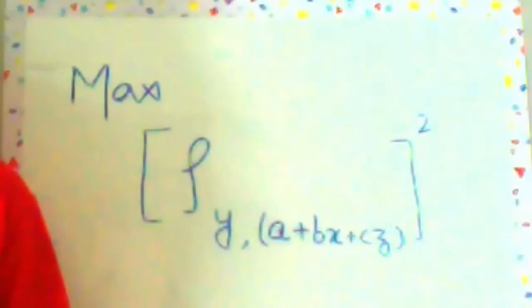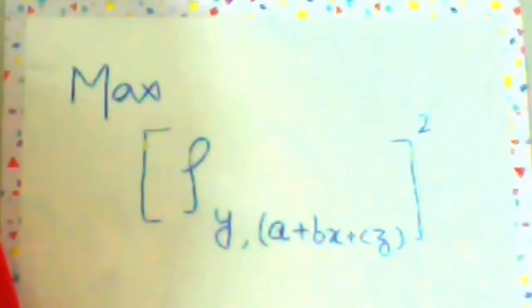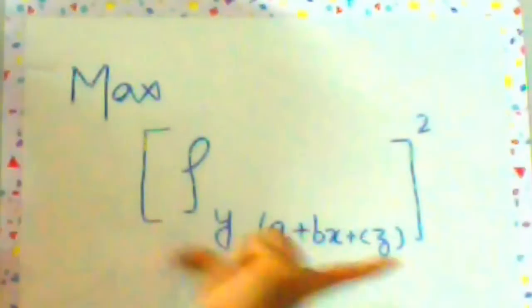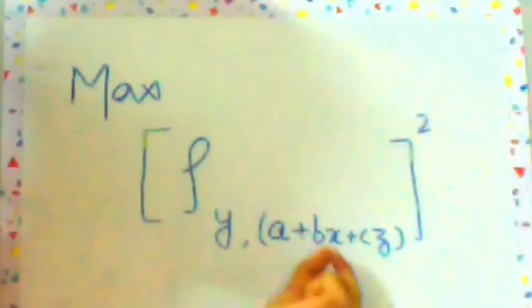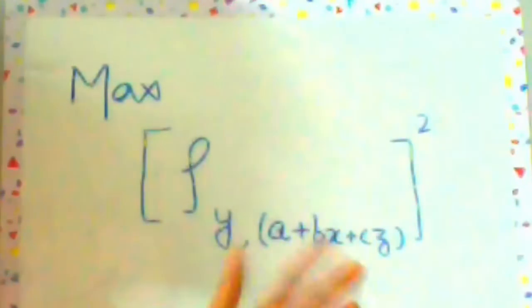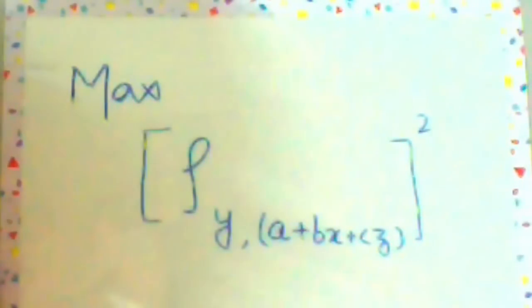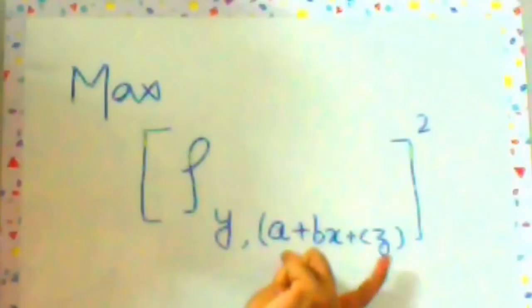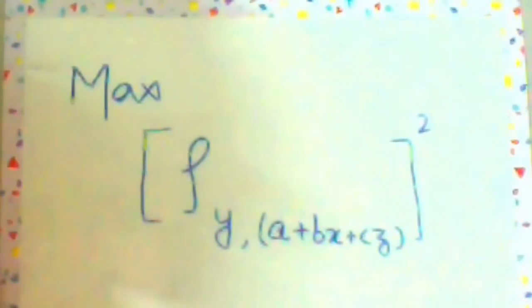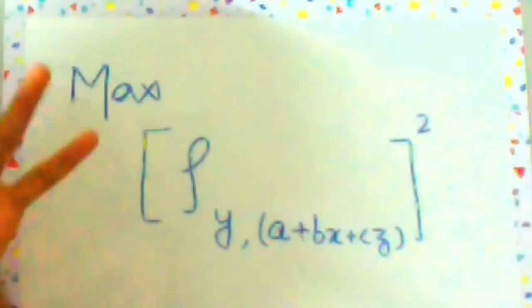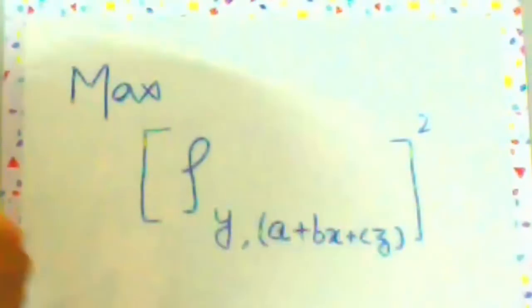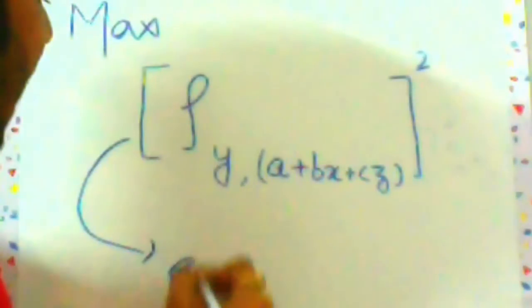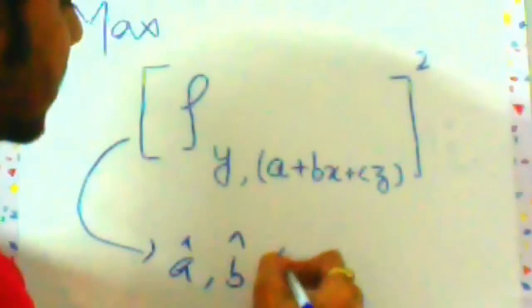There is yet another way to look at multiple correlation coefficient. Suppose we set up an exercise of finding the multiple correlation coefficient between y and a plus bx plus cz by changing the values of a, b and c. So essentially you are trying to change the values of a, b, c to get different values of a plus bx plus cz, and then you're finding the multiple correlation coefficient, and then if you square it and find the maximum, you will get the same least square estimates a hat, b hat and c hat.